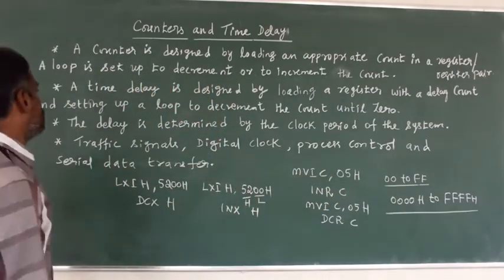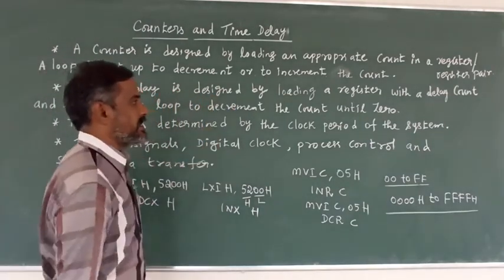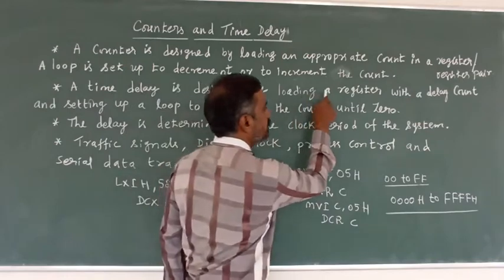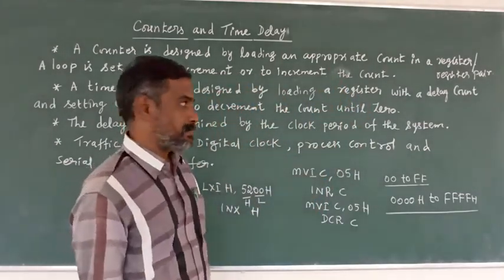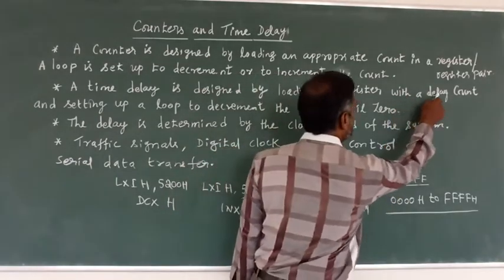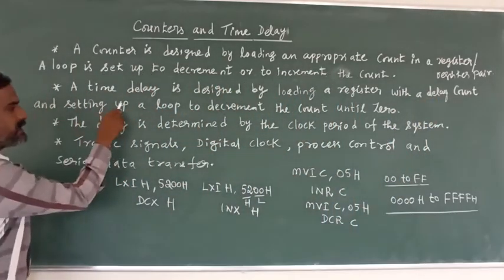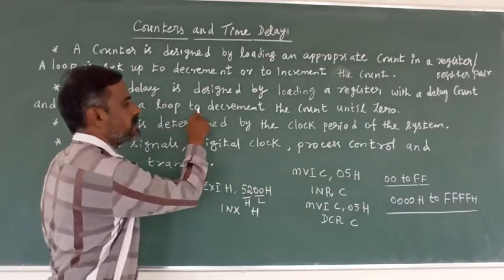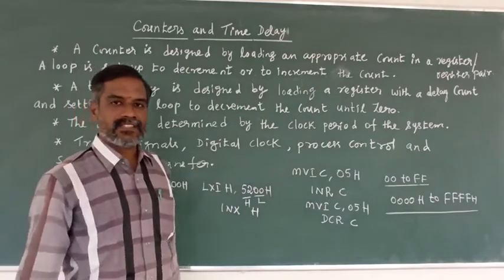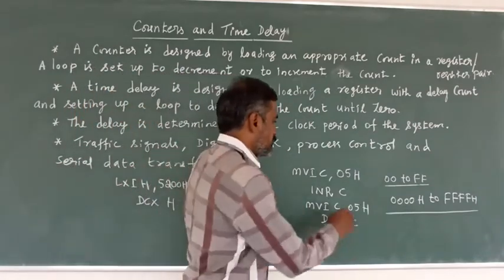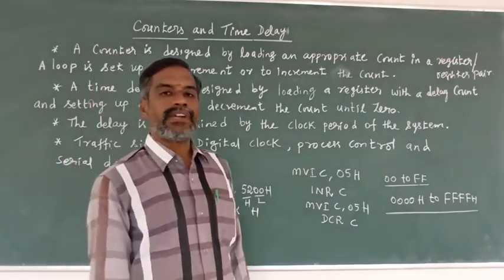Okay, a time delay is designed by loading a register or register pair with a delay count, and setting up a loop to decrement the count until zero. We have to give the delay between two data.